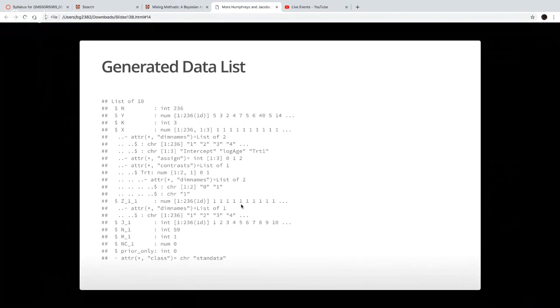So you can flip back and forth between the code that brms generates for this and the list of data that it made from your data frames and all that. So we have 236 observations, and this is what the first few values of Y look like, 3 predictors, et cetera. So you can look through that.